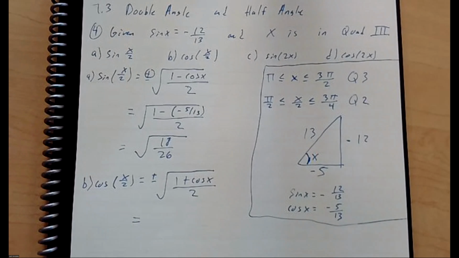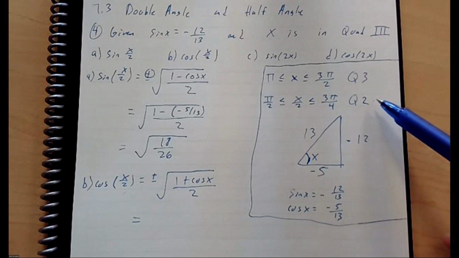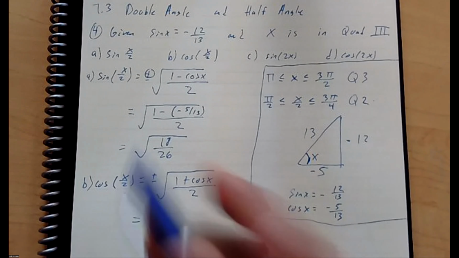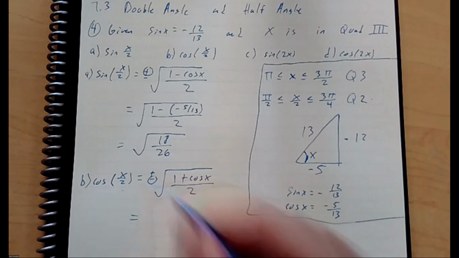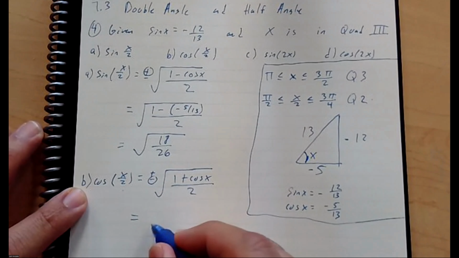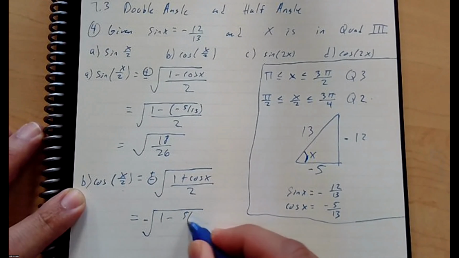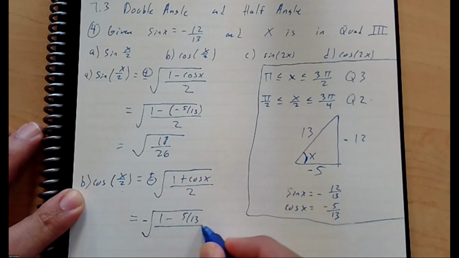So we go to the quadrant. Remember, it's wherever the half angle is located. Quadrant 2 is where x is negative, right? Yeah, you're right. So this will become negative square root of (1 minus 5/13) over 2.